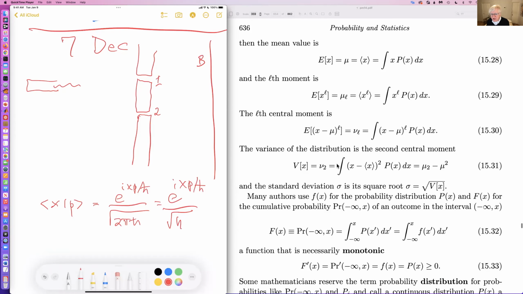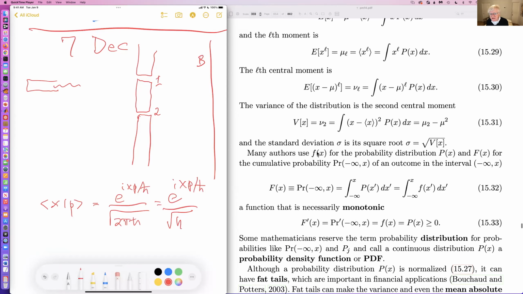The variance is the second central moment, which is the average value of (x minus the average value of x) squared. And the standard deviation is the square root of the variance, always.